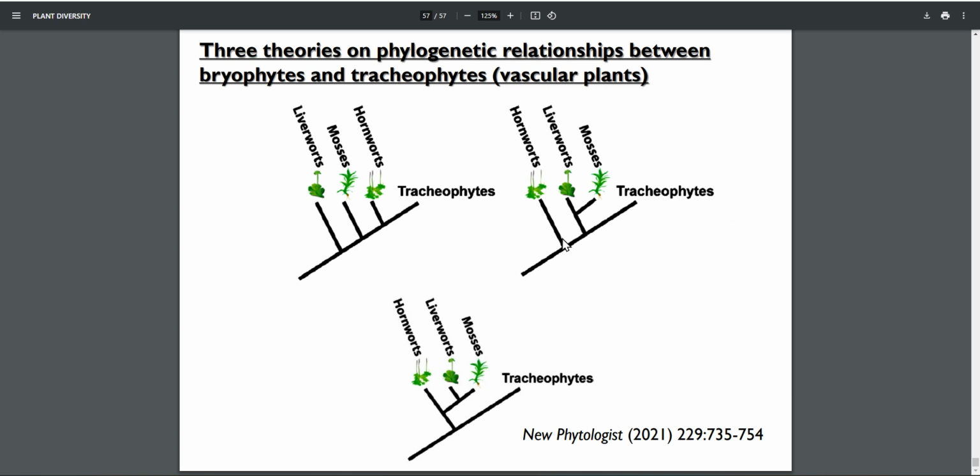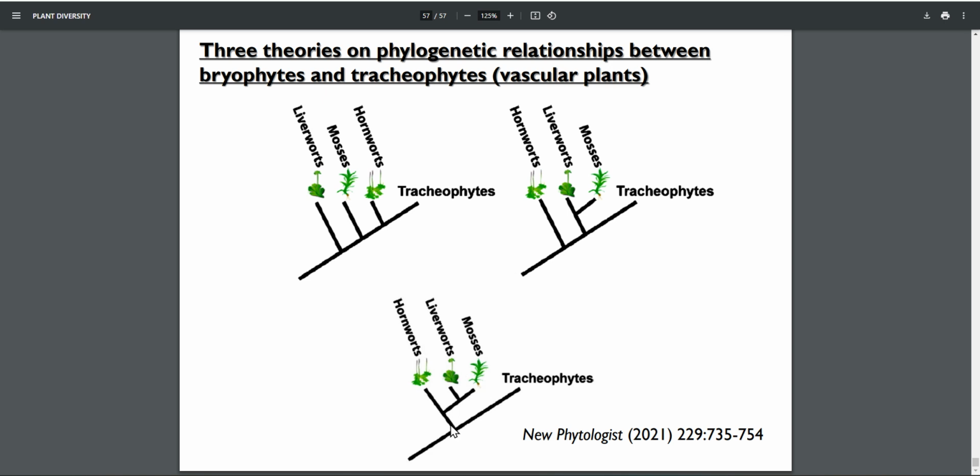The second theory proposes that hornworts evolved independently from all of these, while liverworts and mosses shared a common ancestor, and then finally the common ancestor of liverworts, mosses, and tracheophytes evolved into tracheophytes. The third one groups the hornworts, liverworts, and mosses as having a common ancestor as well.